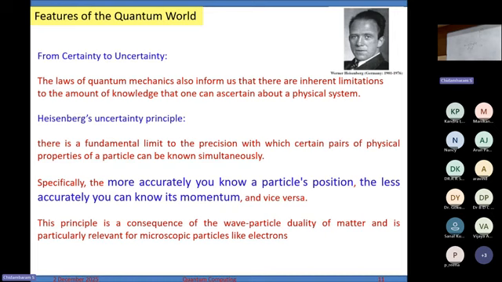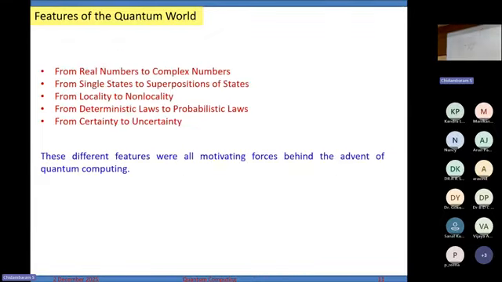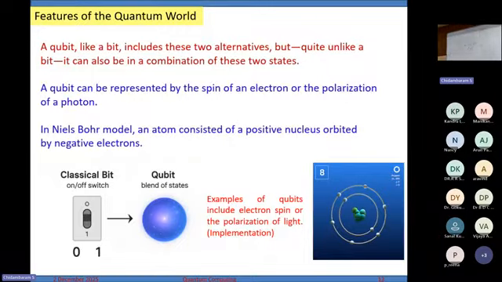Linked to this, yesterday Professor Balakrishnan was mentioning the wave-particle duality, light being in the condition of a particle as well as a wave, right? So these are the features of the quantum world. That is what actually makes quantum computers different from classical computers. Here you can see a classical bit, and this is your qubit.